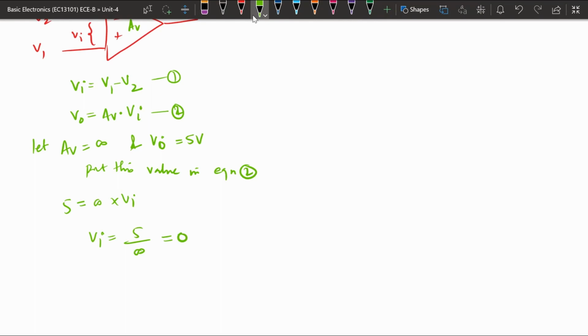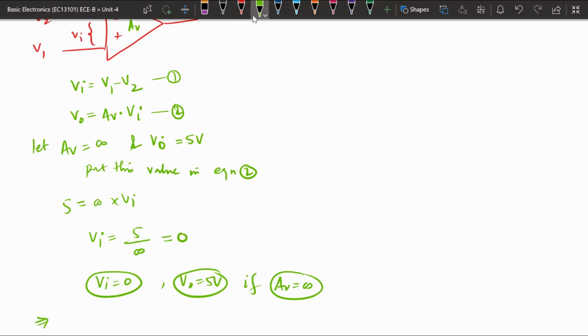That means if the output is 5 volt and the gain is infinity, then the input should be equal to 0.